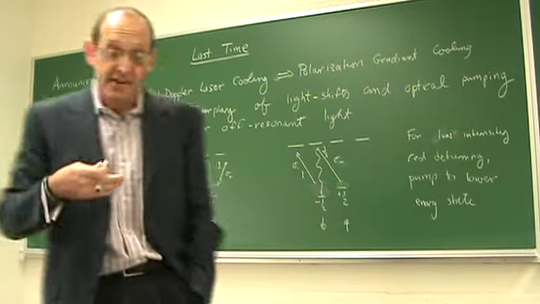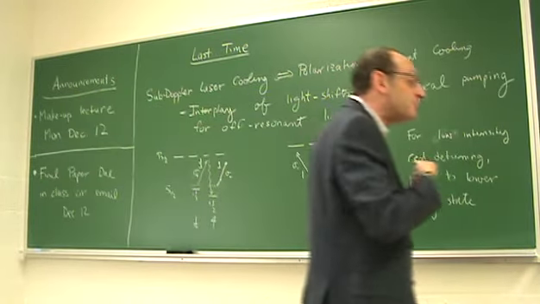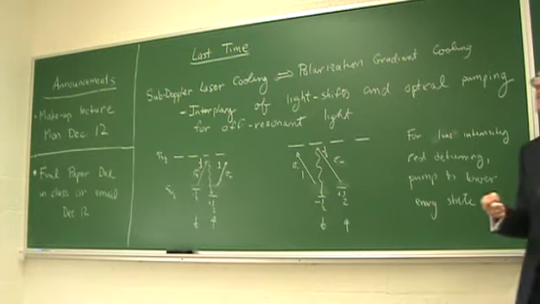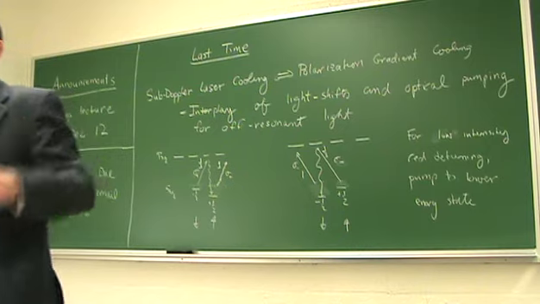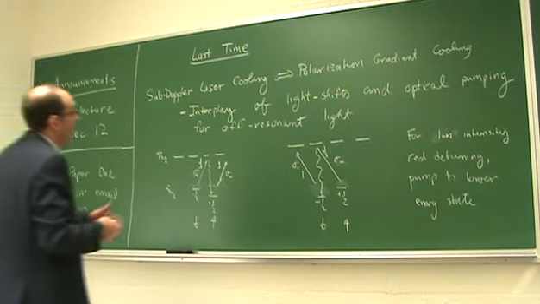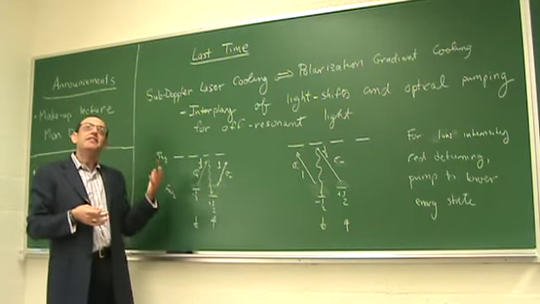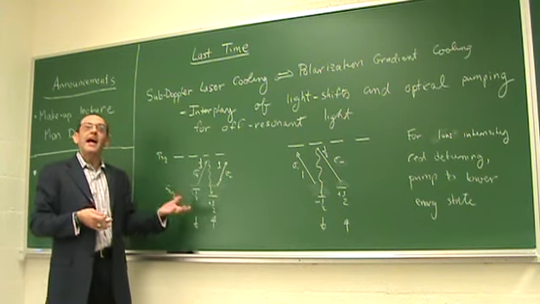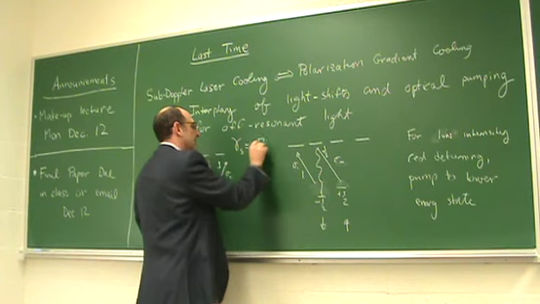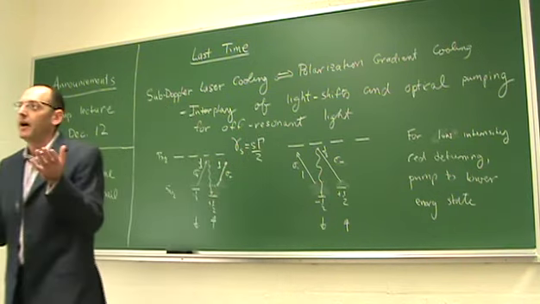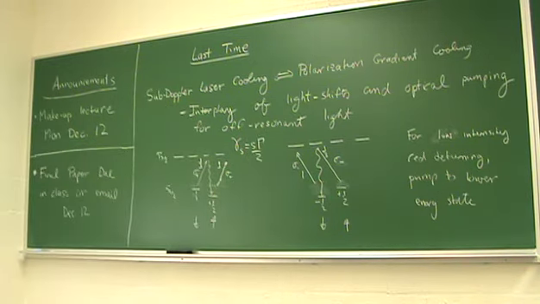And it happens for slow atoms, much slower atoms than the Doppler capture range, because this optical pumping rate is less than the scattering rate by an amount that depends on the saturation parameter.